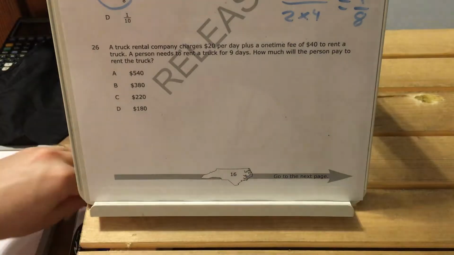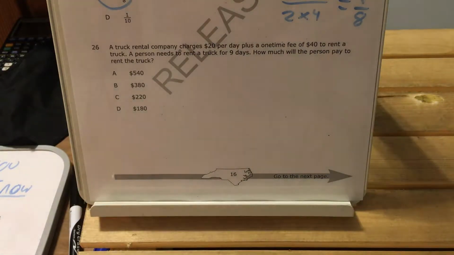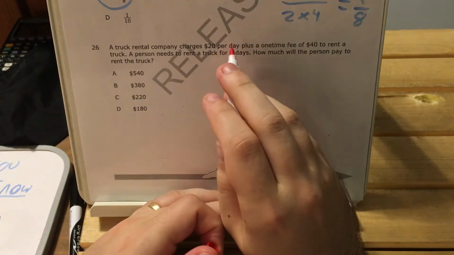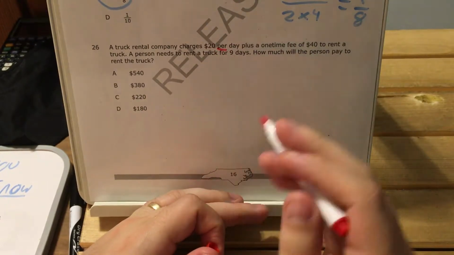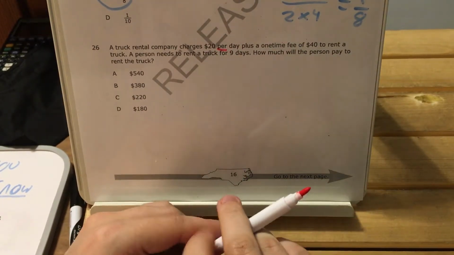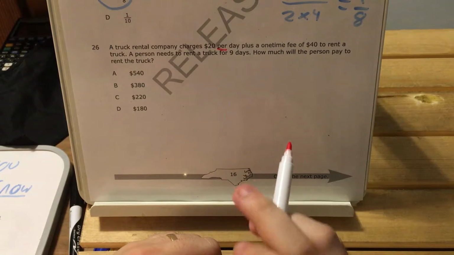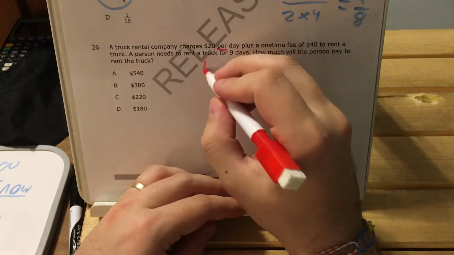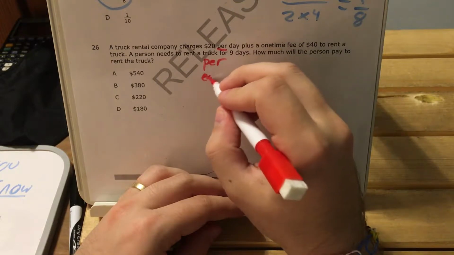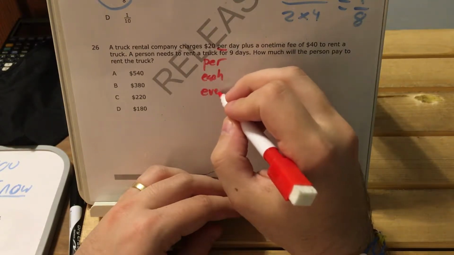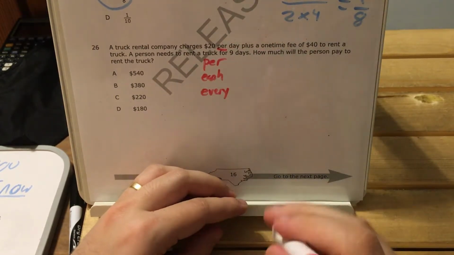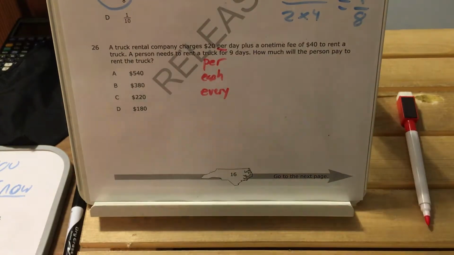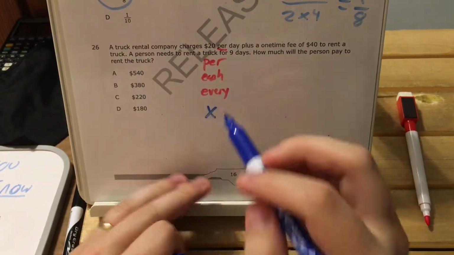In order to translate this, first thing I'm going to look at is the word per. If y'all have seen any of my other videos where I talk about questions that need to be translated like this, you know that per is one of the three big words that tells me that I'm going to have to end up multiplying.